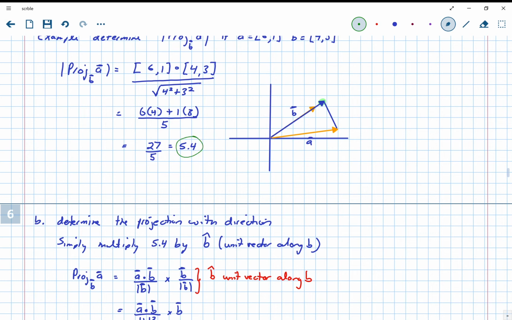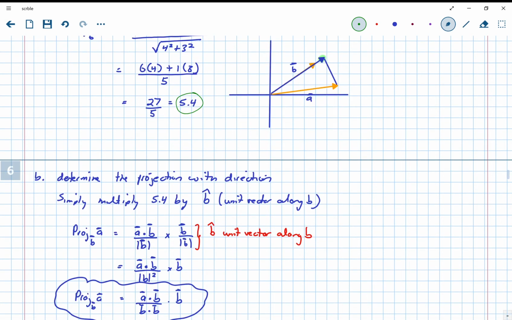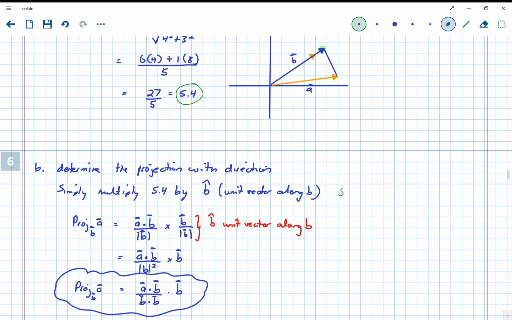The way we do this is we multiply our answer by a unit vector of B. A unit vector is a vector in the same direction as B with a length of 1. I'll draw it in the diagram above. Approximately this would be the unit vector, and we represent it as b hat.